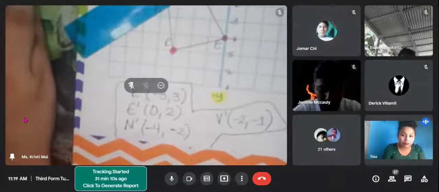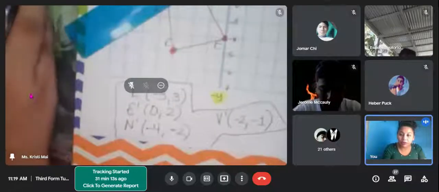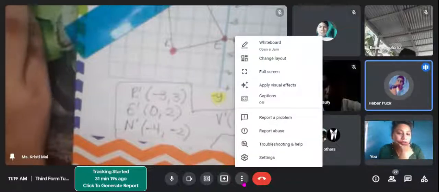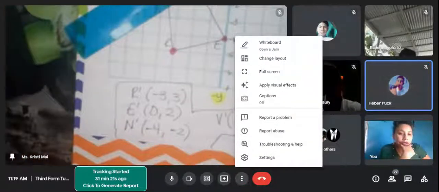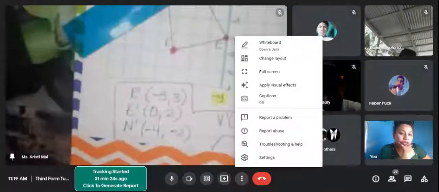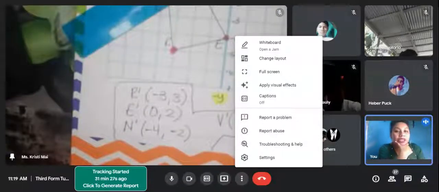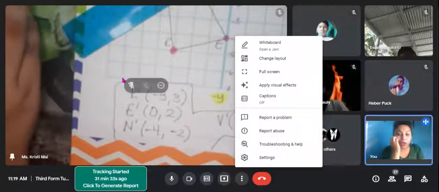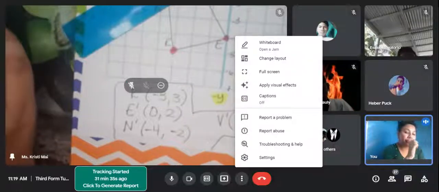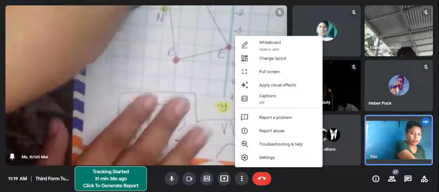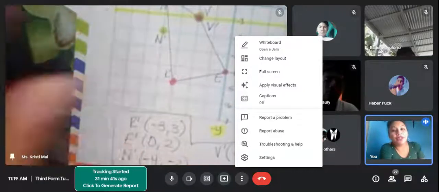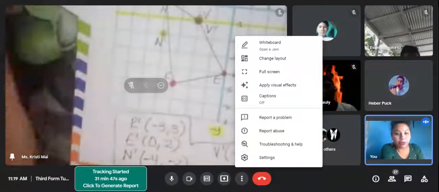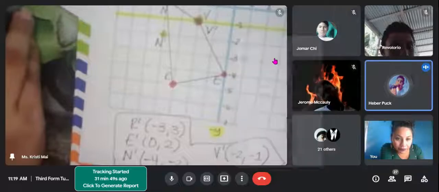I didn't copy everything, miss. You mean the question? The question is in the worksheet. Just make sure that this is number one and number two. This one we just did is number two. You can copy the questions later, because I would have to stop sharing on my device and then share the PowerPoint again. Okay.